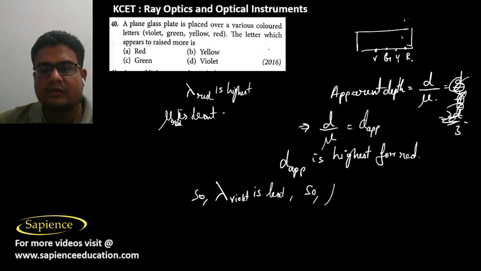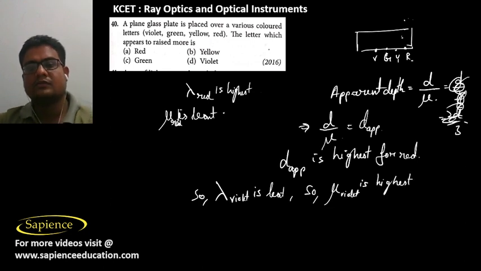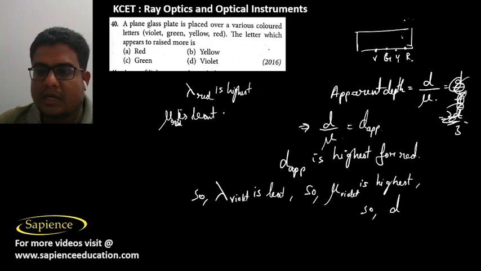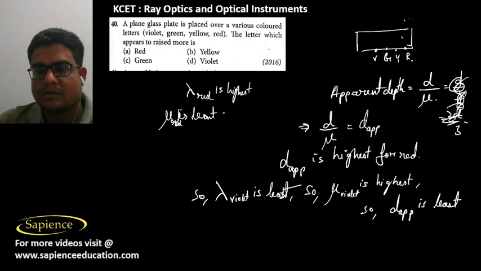So the refractive index for violet is the highest, so the apparent depth for violet is the least.